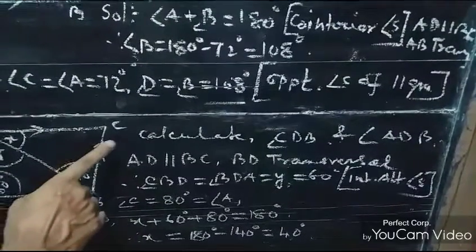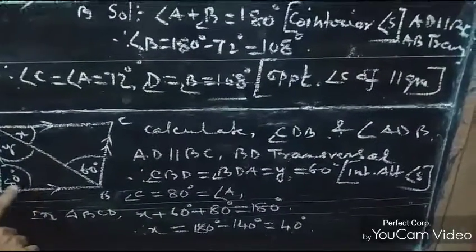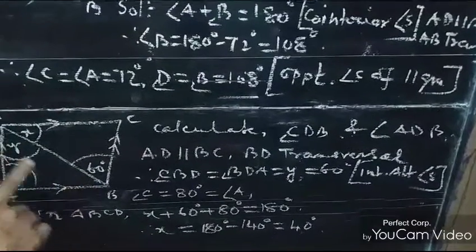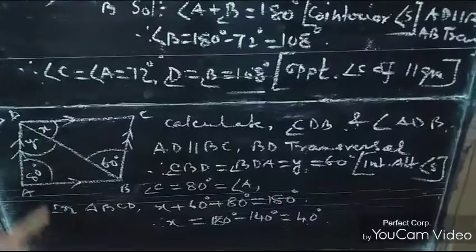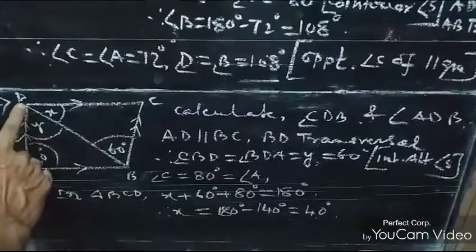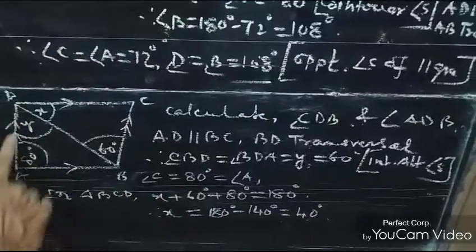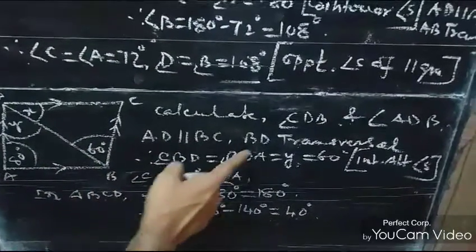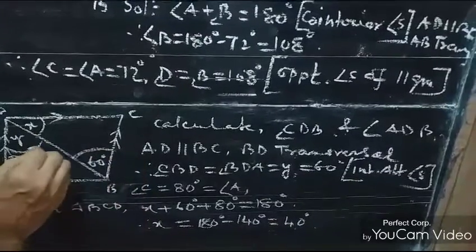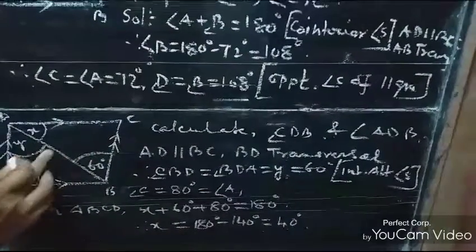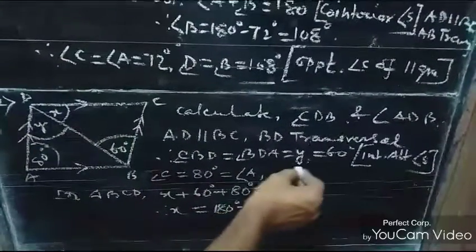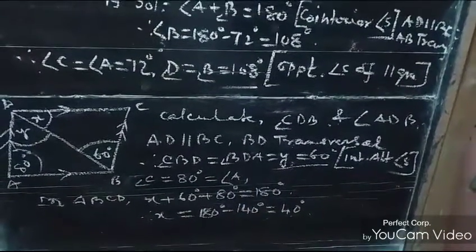We have to calculate angle CDB, that is X, and angle ADB, that is Y. You have to calculate X and Y. Now see, AD is parallel to BC and BD is the transversal. So this angle equals this angle because they are alternate interior angles. So if it is 60 degrees, then the value of Y will be 60.